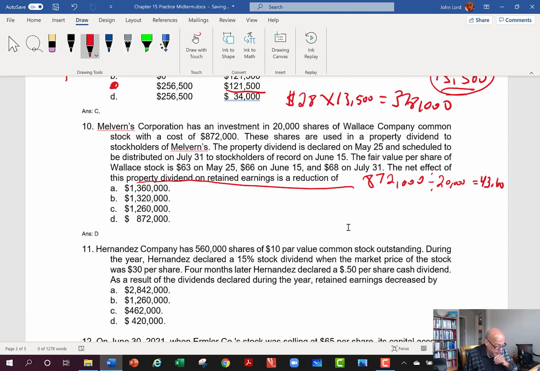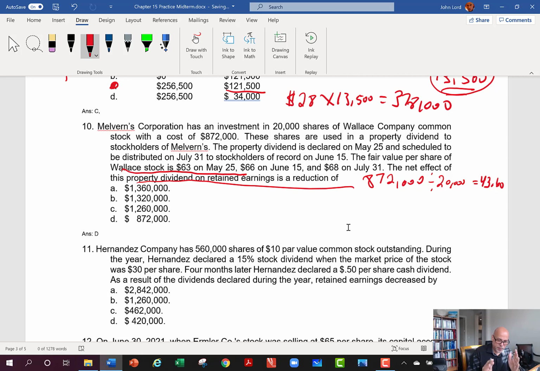We've got that number. Now they say these shares are used in a property dividend to stockholders. The property dividend is declared on May 25th and scheduled to distribute July 31st to stockholders of record on June 15th. The fair value per share at May 25th, when they declare the dividend, is what? $63. And then they give me these other numbers, which I should ignore.